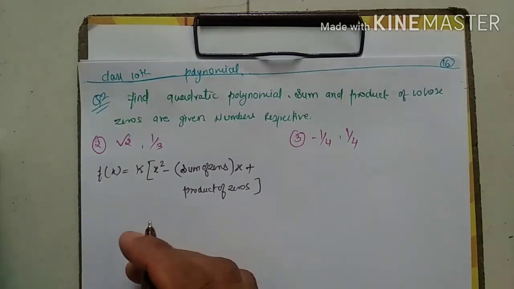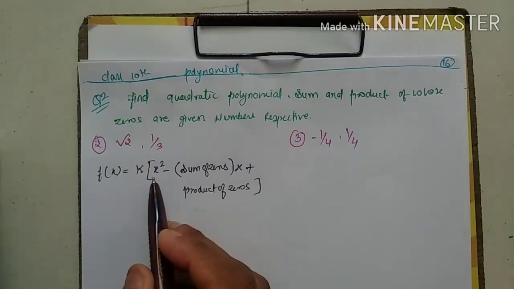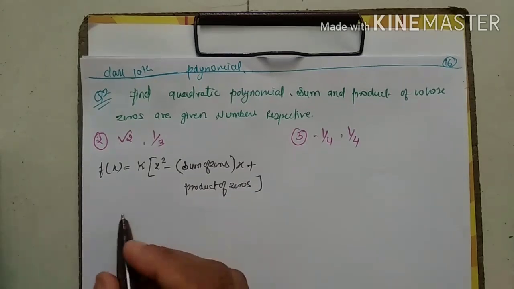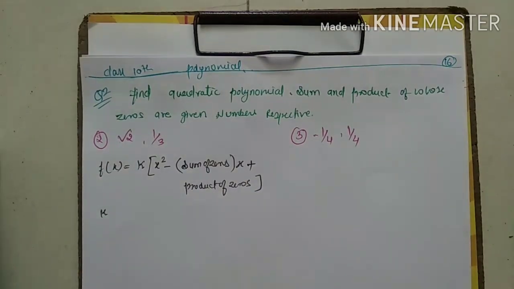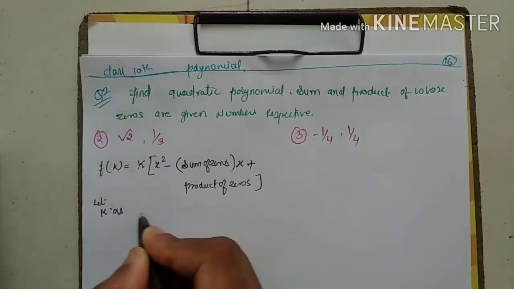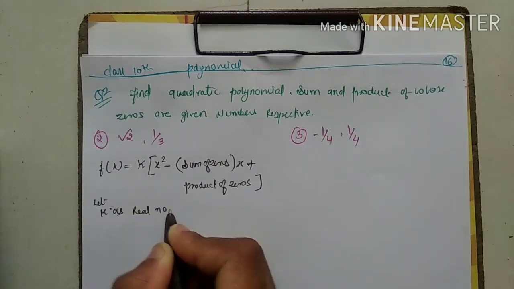Okay, now come to the next. As you know, we consider k a constant number, which means we assume it as a real number. So there is no restriction on k, so you can write: let k be a real number. Is it clear?